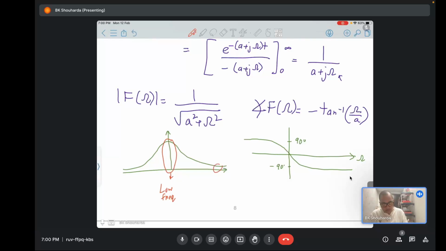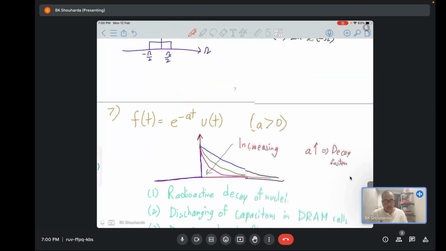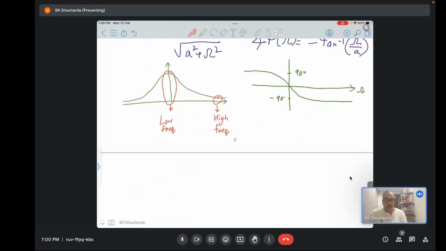And these are the high frequency components which are present in lesser quantity. Okay, so this is actually the spectral analysis of the signal.